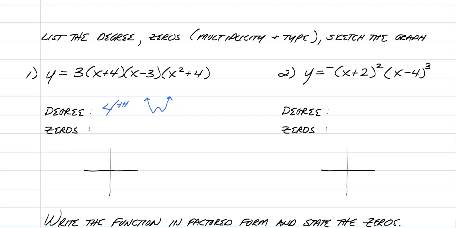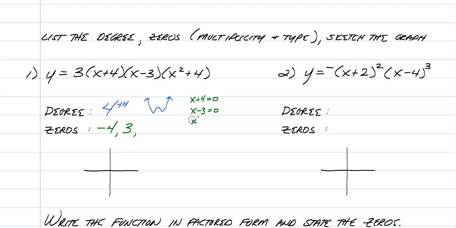Zeros. Your zeros, or solutions, all you have to do is what we did back in the day. You would just set each one of these factors equal to 0 and solve. So if we had x + 4 equal to 0, one of our zeros would be negative 4. If we were to set x - 3 equals 0 and solve, we would add 3 to both sides and we would also have 3.